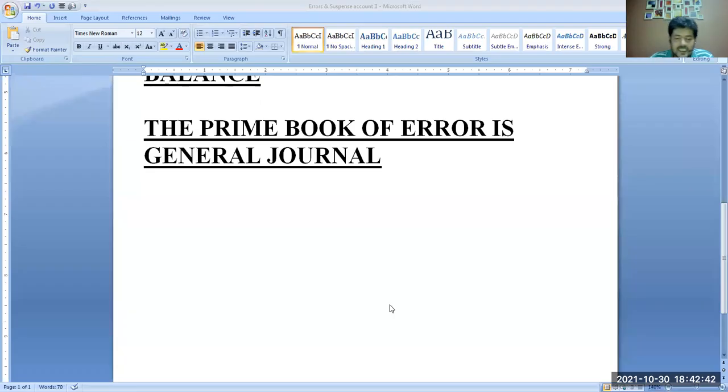These errors can easily be discovered by the accountant. Why?